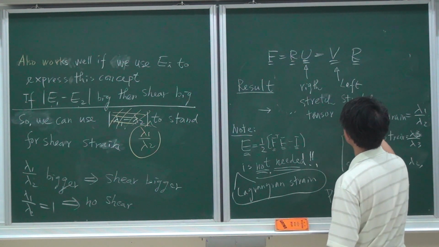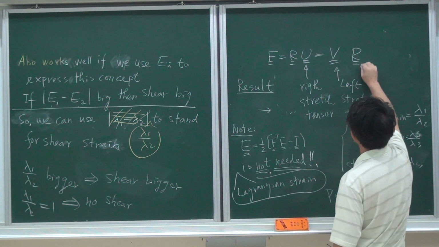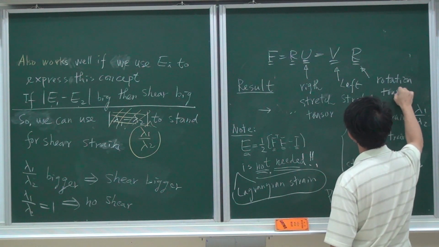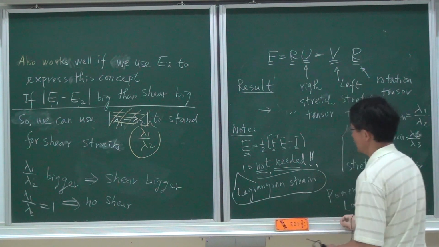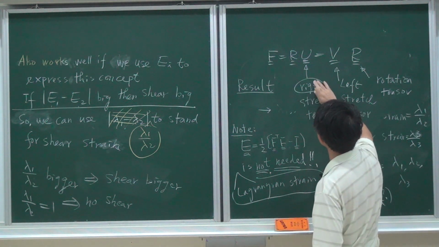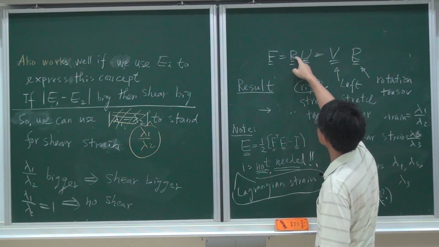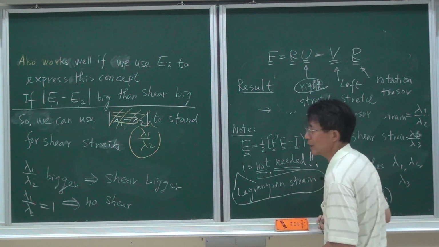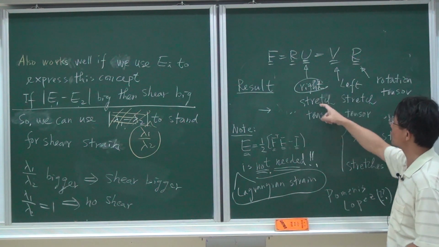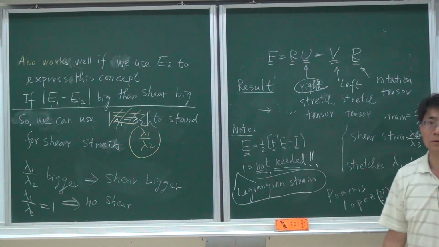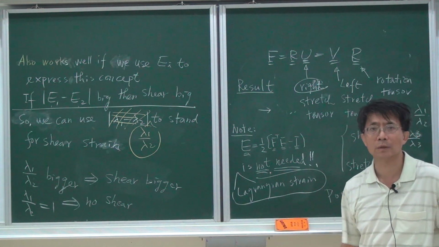V is called the left stretch tensor. And R is called the rotation tensor. So why this? Because this U is at the right side of this rotation matrix, and this one is at the left side of the rotation matrix. So they call it the right stretch tensor, and this is called the left stretch tensor. So what we need is to compute the eigenvalues of the right stretch tensor.